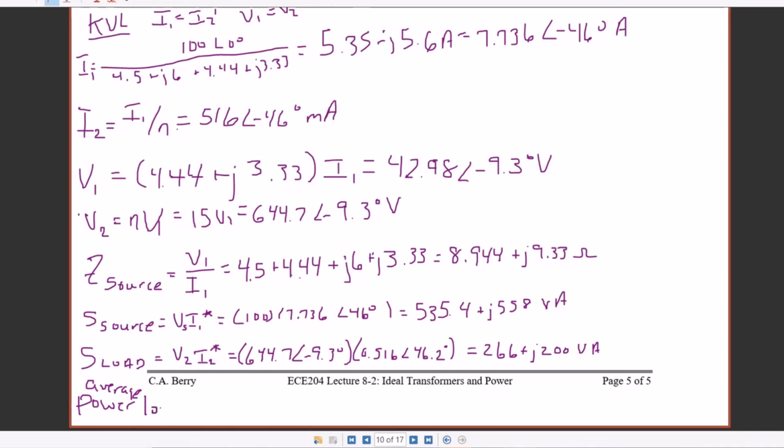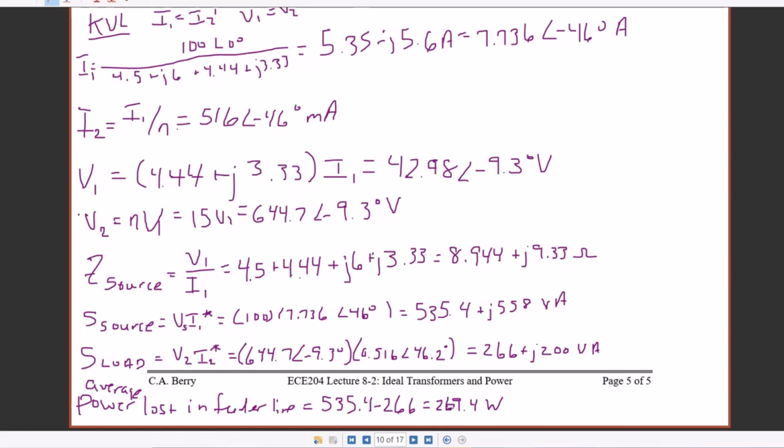Average power lost in feeder line is equal to 535.4 minus 266. And that power loss is 269.4 watts.